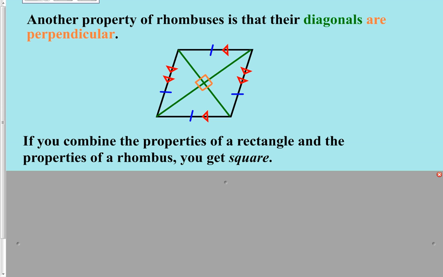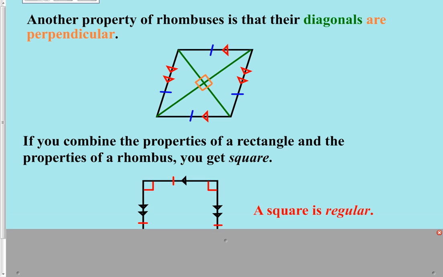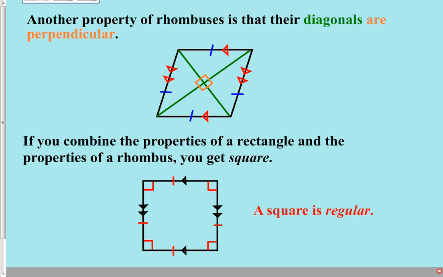But if you find properties of both rhombuses and rectangles at the same time, now you have your good friend, the square. Square is probably the second shape that you ever learned, back in your days of pre-K. But as it turns out in geometry, it is actually a very complicated shape with a lot of properties.